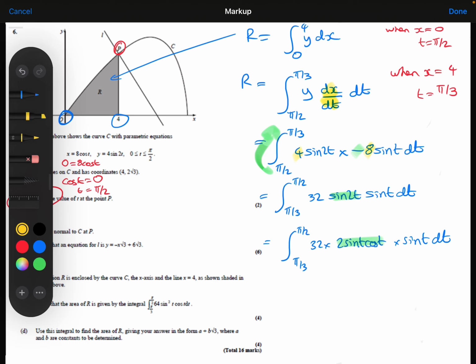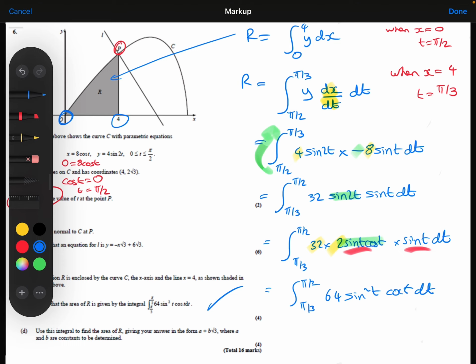So simplifying this, I've got the 32 times the 2 is 64. And then I've got the sine t. The sine t times the sine t is sine squared t. And then I've got the cos t. And that's what I needed to show for part C.